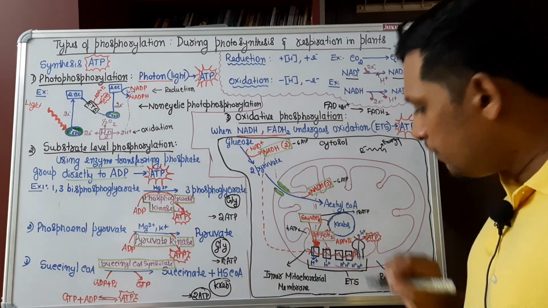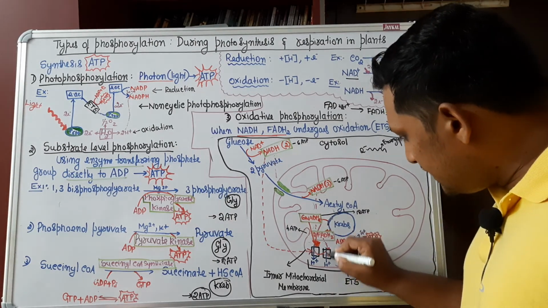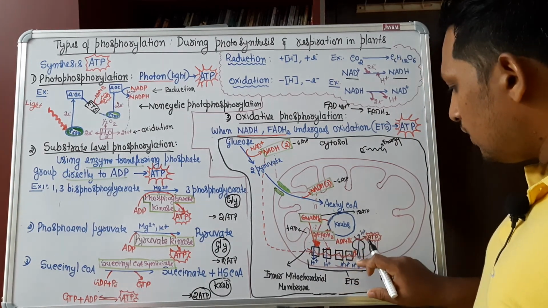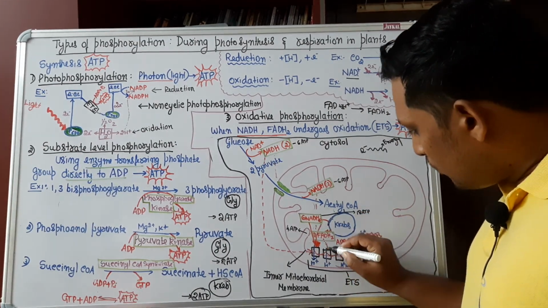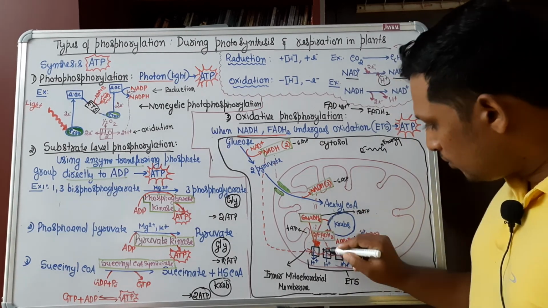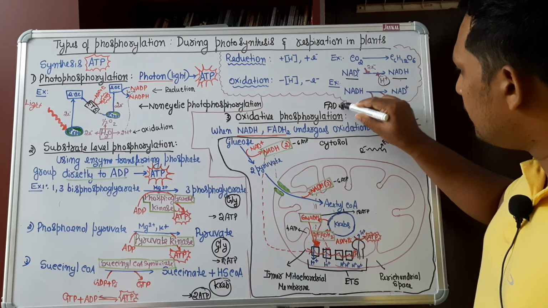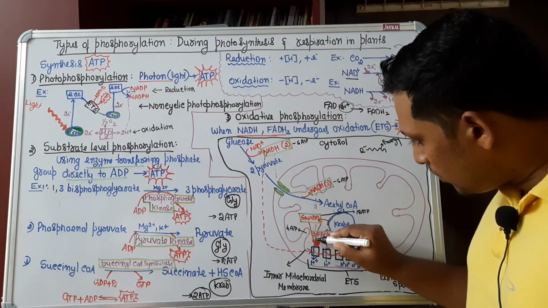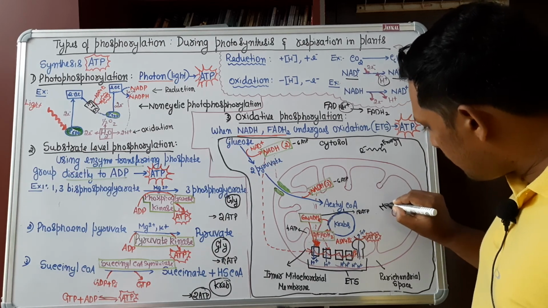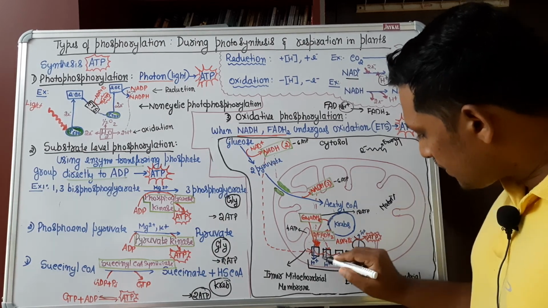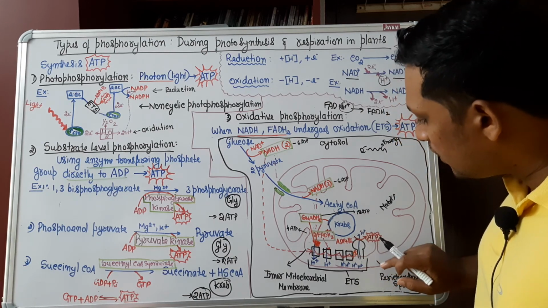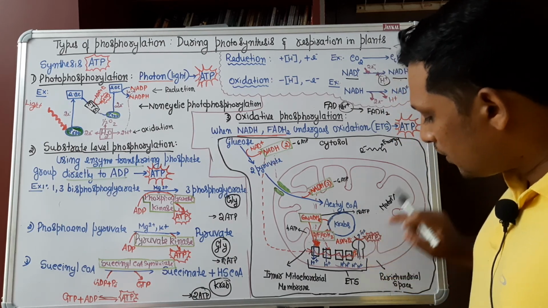What to do with the energy now? The energy which is released during the transport of electrons is used to move the protons, because NADH has protons also, FADH2 has protons also. So their protons are moved from the matrix to the space between the inner and outer membrane, that is called the perimitochondrial space or intermembrane space.